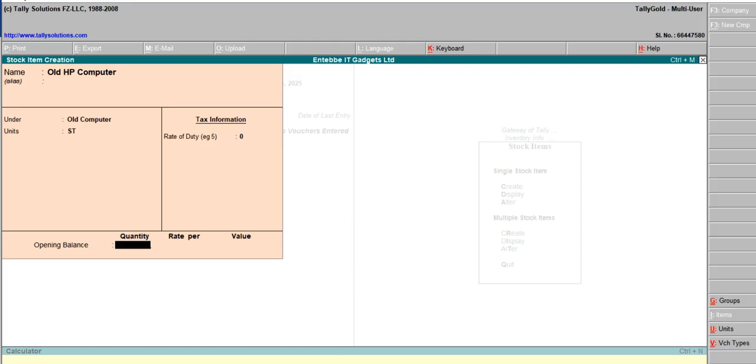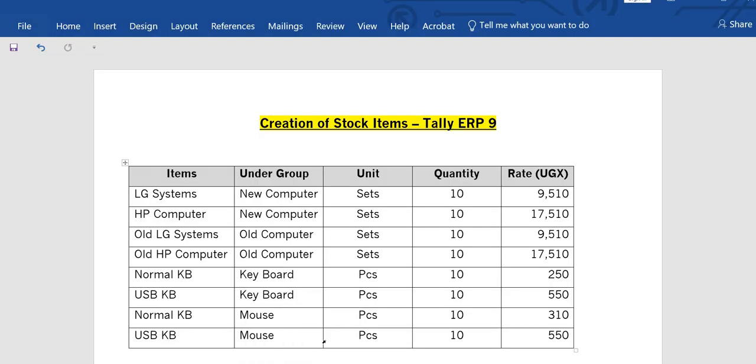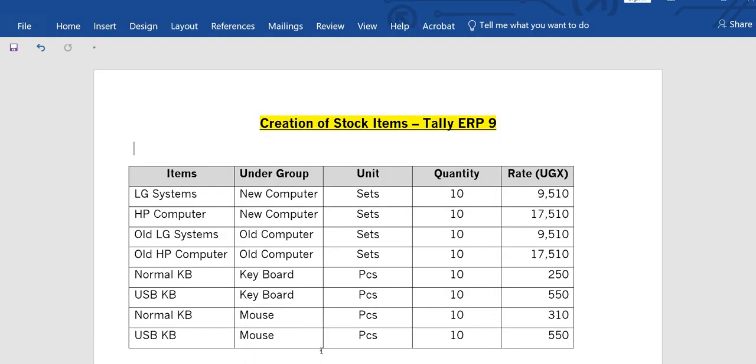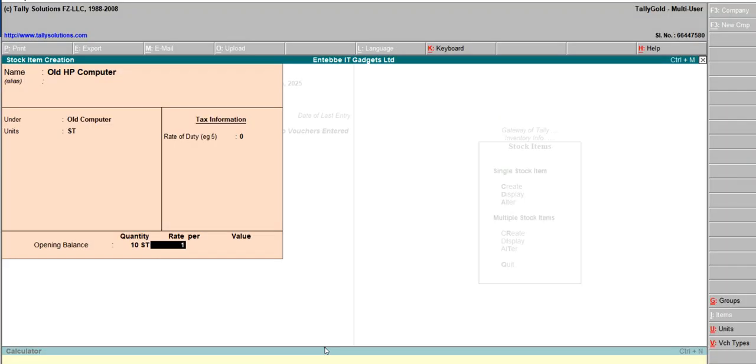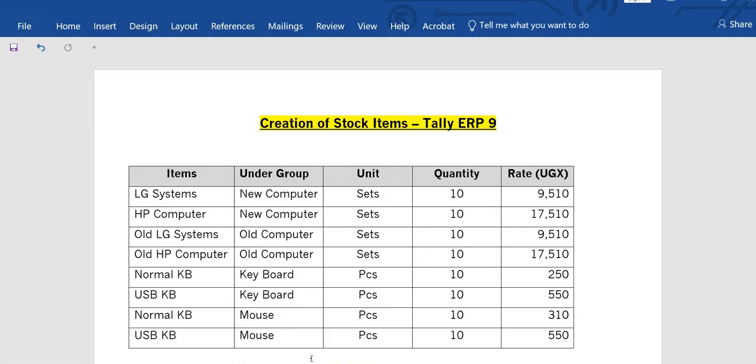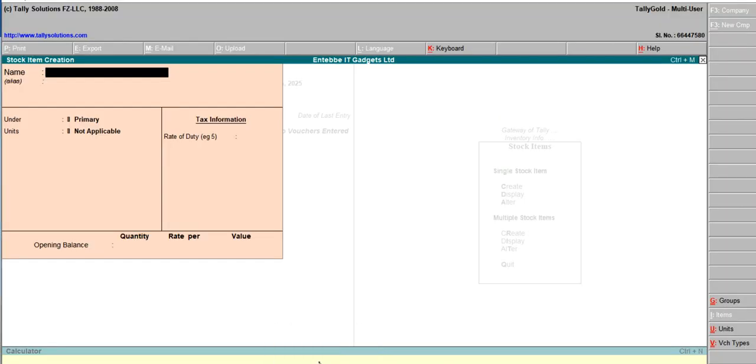What's the quantity for the old HP computer? 10 sets. The rate for old HP computer is 17,510. Enter, accept. Next is normal KB.